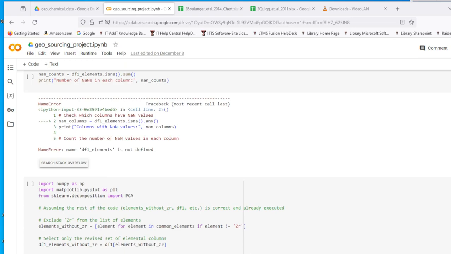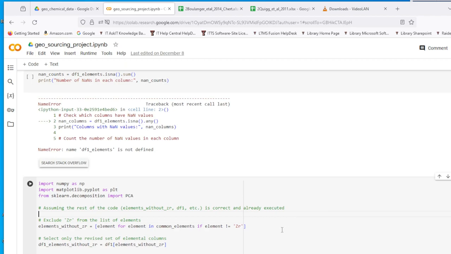A significant challenge was encountered in missing values for zirconium, and this required careful handling to ensure consistency across the comparison of these two data sets. Effectively, the data was standardized to ensure that each element contributed equally in the analysis.